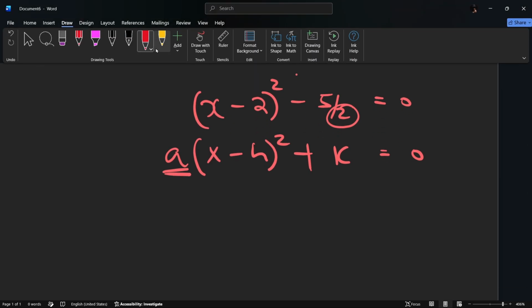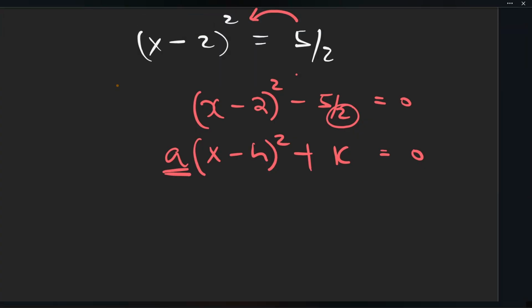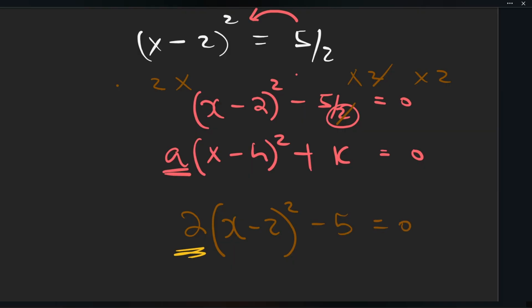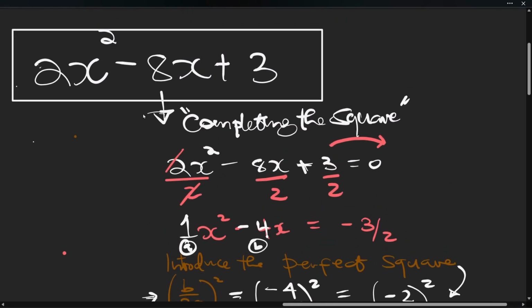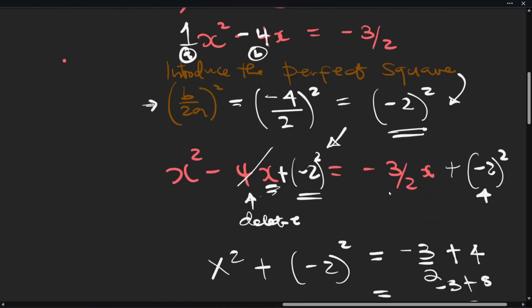So for instance here, if you multiply through by 2, this 2 cancels out, and you end up here with a 2, and then you have 2 times x minus 2 squared minus 5 is equal to 0. If you check, our equation started with a 2. That was the value of a, even from the original equation.